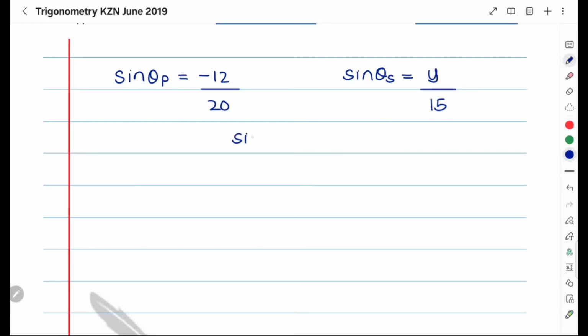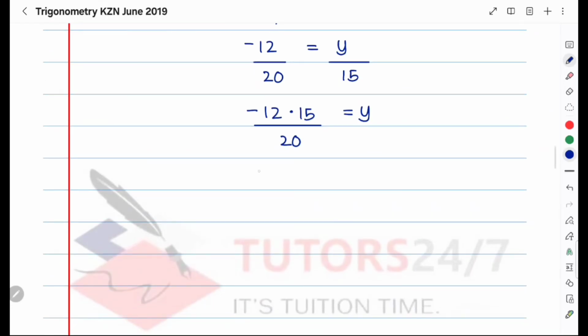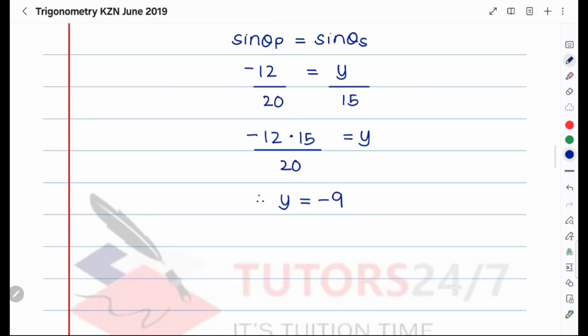From here, we connect both ratios because they are equal to each other. We can cross multiply and we therefore have our value of y as equal to negative 9.